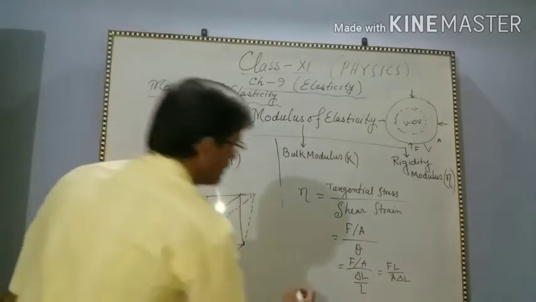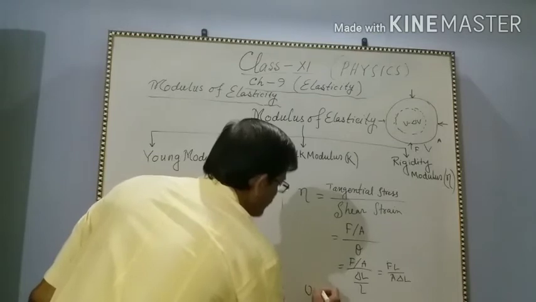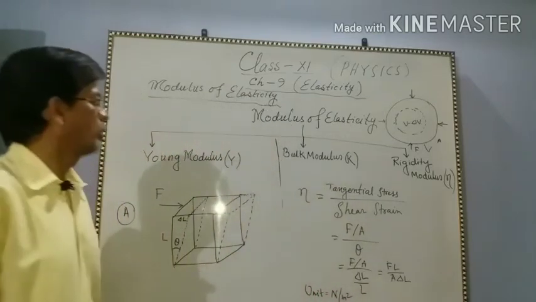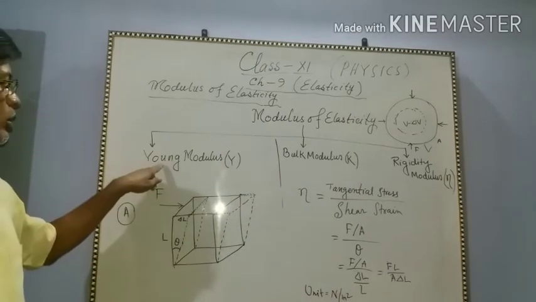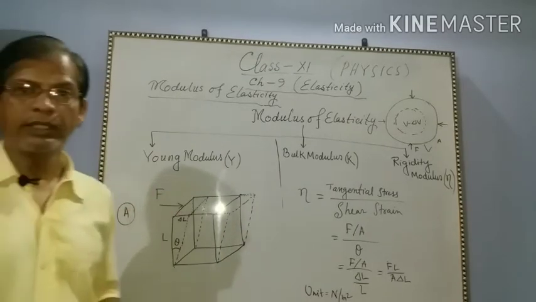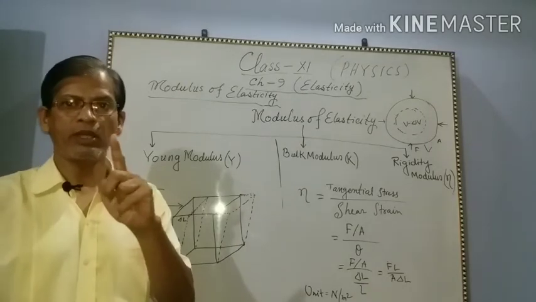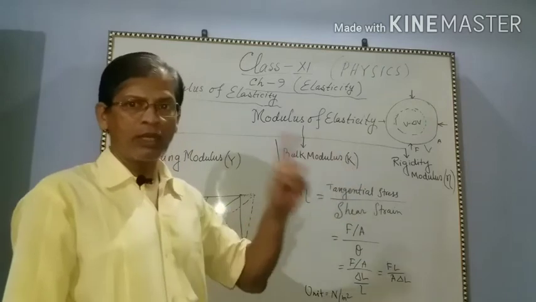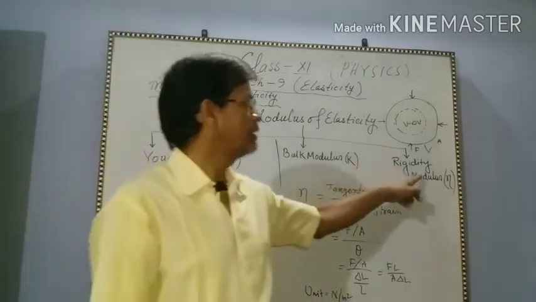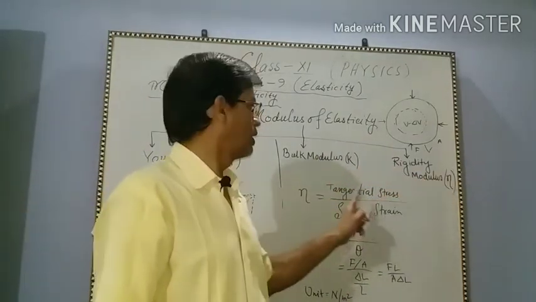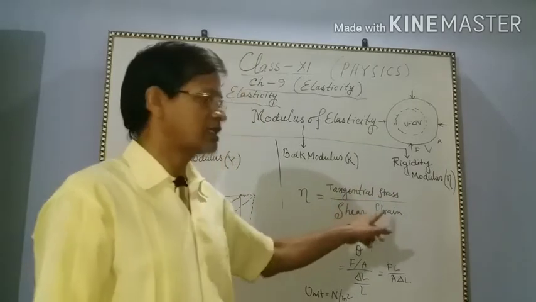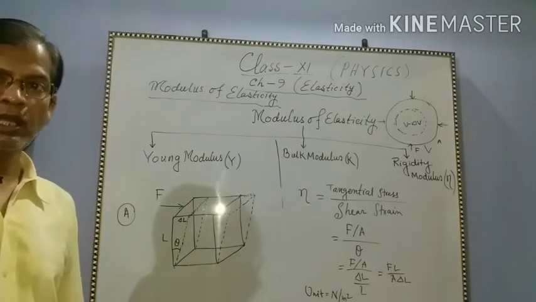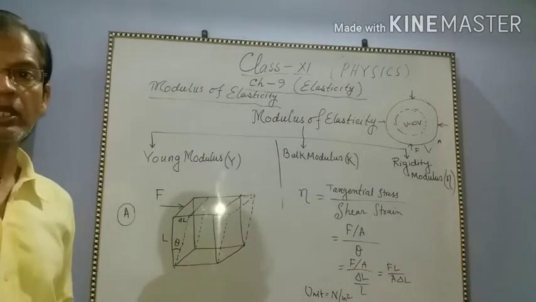Its unit is also Newton per meter square. So Young modulus Y is normal stress by longitudinal strain, bulk modulus K is normal stress by volumetric strain, rigidity modulus eta is tangential stress by shear strain. And we have got the expressions, and the unit in all cases is Newton per meter square.